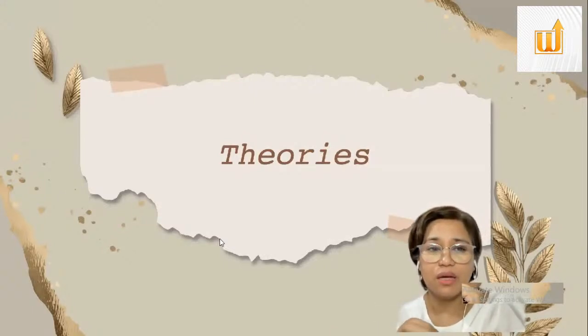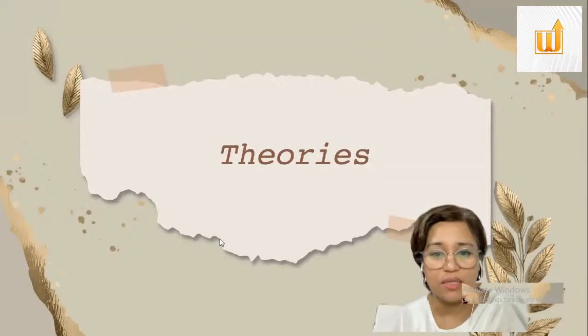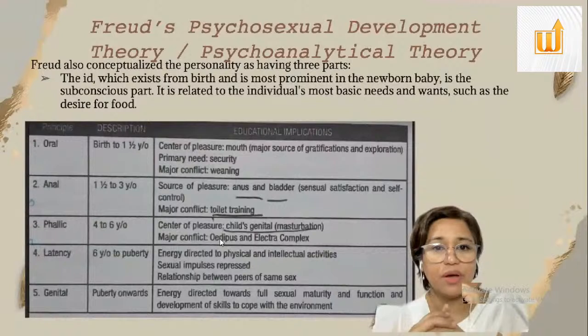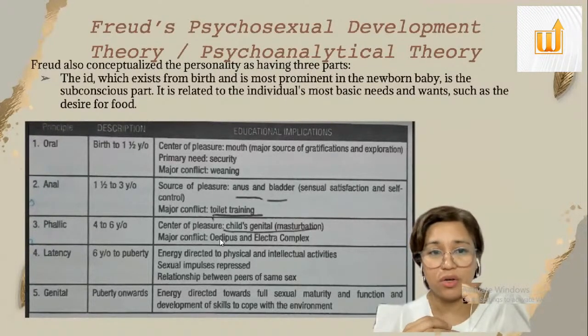Okay. What about theories of development? We'll discuss theories of development, and these are very, very important discussion also. So we look at Freud's psychosexual development, or commonly known as psychoanalytical theory, where there are concepts of the personality and the conceptualization of personality that has three parts: the id, the ego, and the superego.